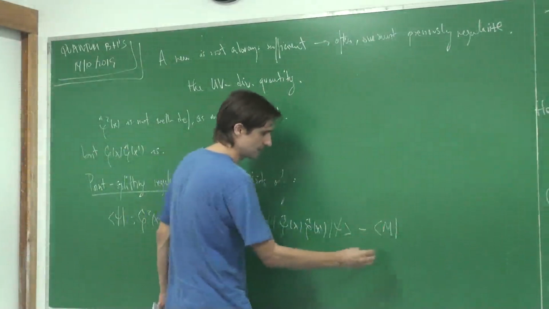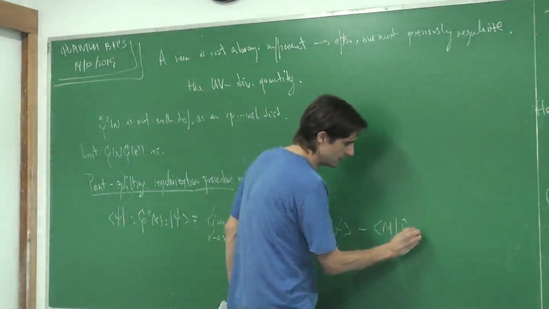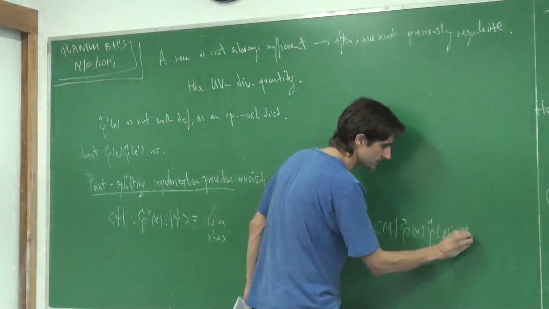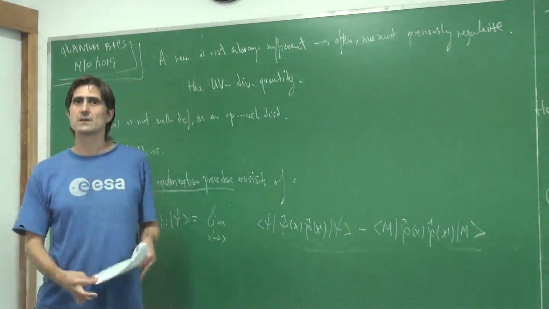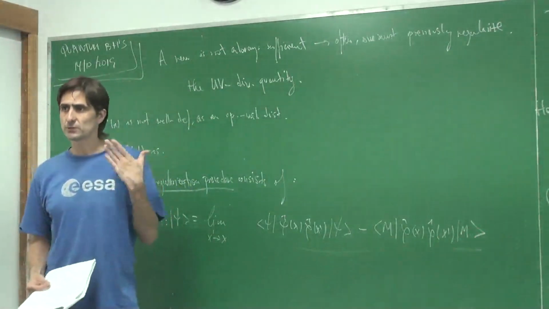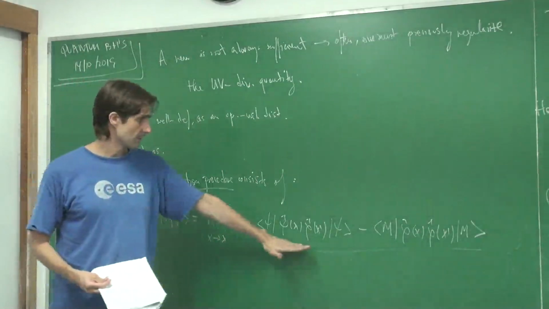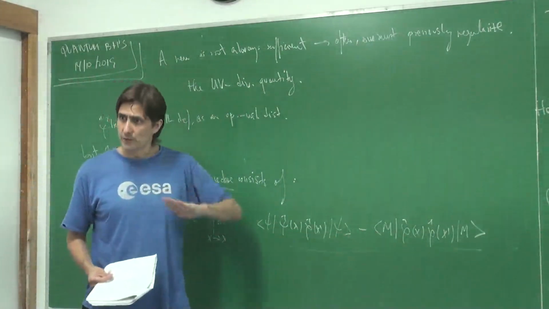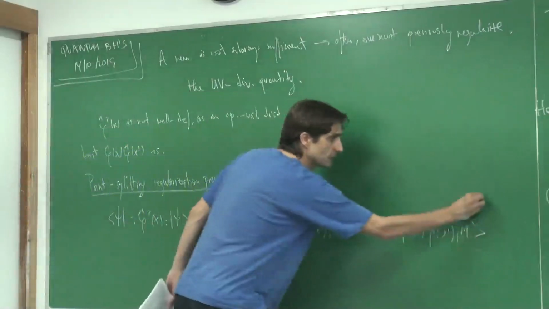You subtract from it the value in the Minkowski vacuum state. So this renormalizes it. We're subtracting away a divergence in a meaningful way. And now the result of this subtraction is regular, and now we can take the limit.